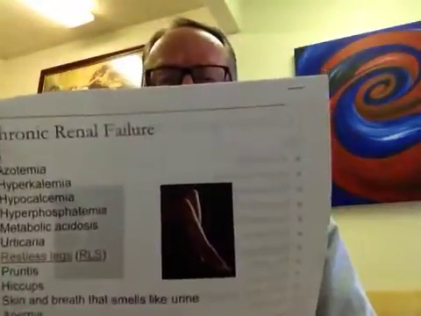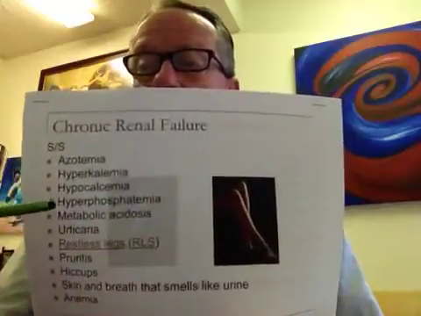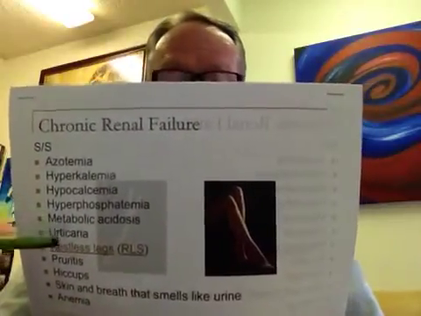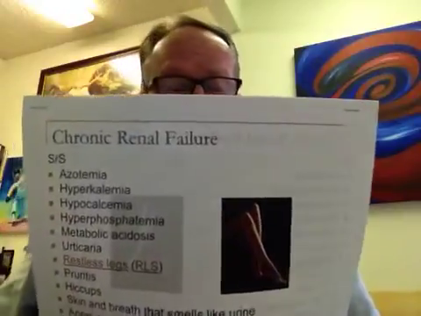Some of the signs and symptoms of chronic renal failure include extremes of potassium and not enough calcium, metabolic acidosis because of the decreasing pH, urticaria, which are hives that can be manifested.